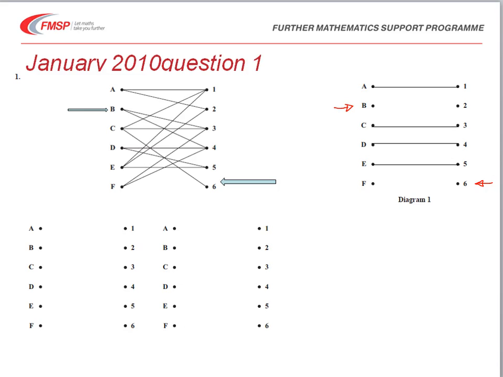So if we chose to go from B to 3, then looking at our matching at the moment, we would have to then come back to C. And of course that's great because we can then go from C to 6.